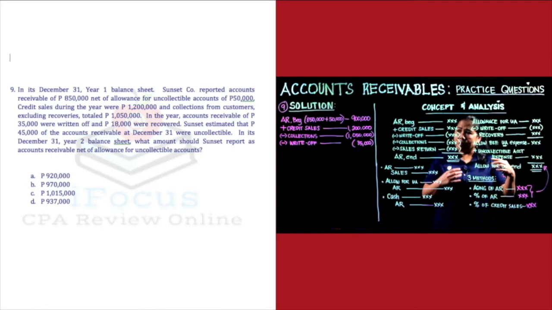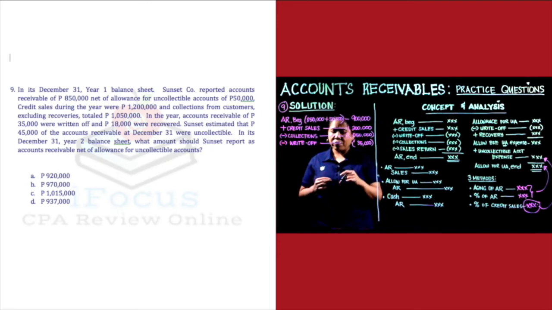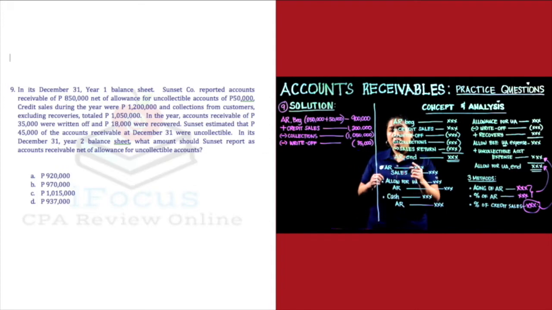Pero kapag ang ginagamit ng company ay ang percentage of credit sales, alright? Kung ito ang ginagamit niya, itong amount mismo na ito, yan na po yung uncollectible account expense mo. So, meron ka ng amount dito, i-add mo lang yan, makukuha mo na ang iyong ending balance of your allowance for uncollectible account. Ang sabi ng problem is, Sunset estimated that 45,000 of the accounts receivable at December 31st were uncollectible.